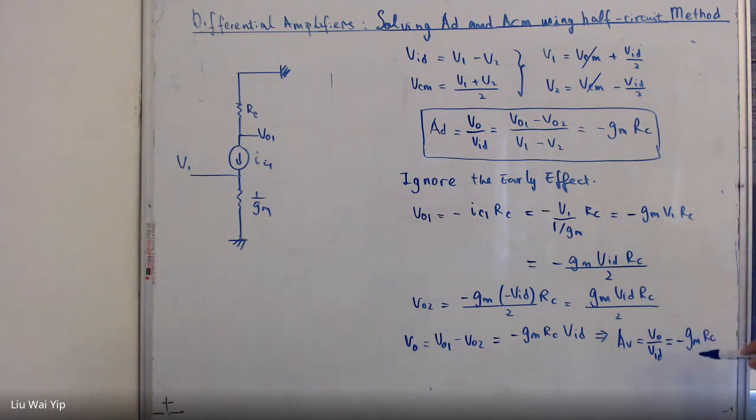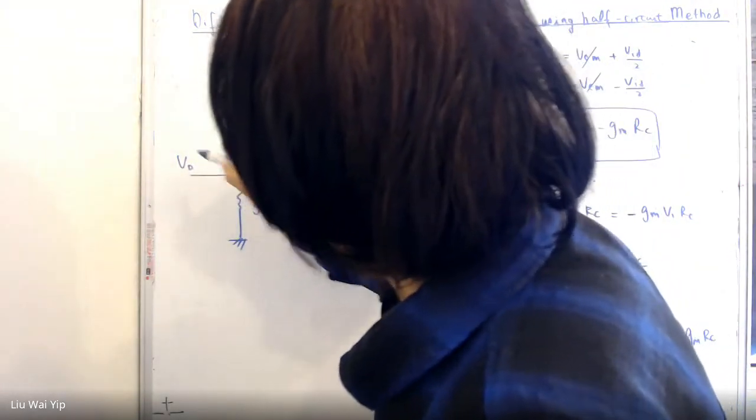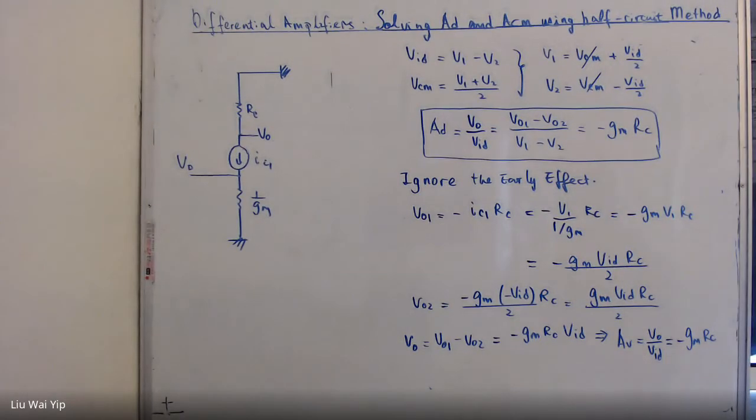So the result here is exactly the same as this one here. And you can just replace this with VD and VO like this. So this is the so-called half circuit technique.